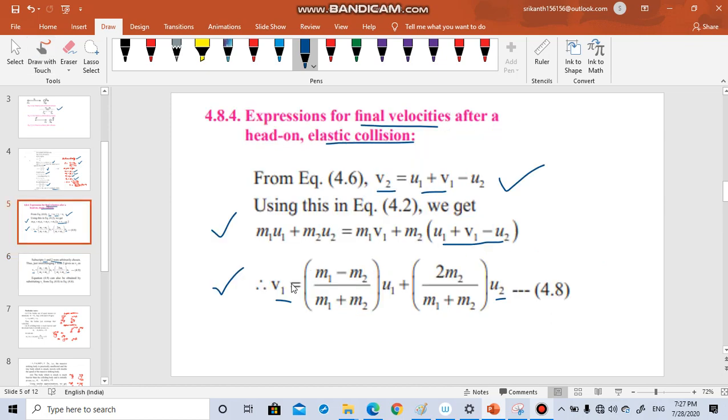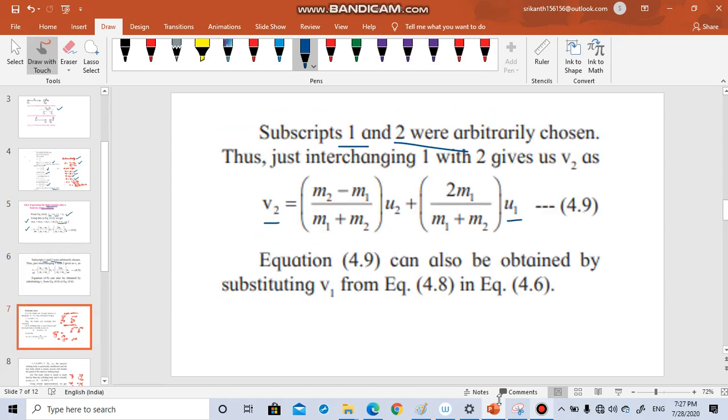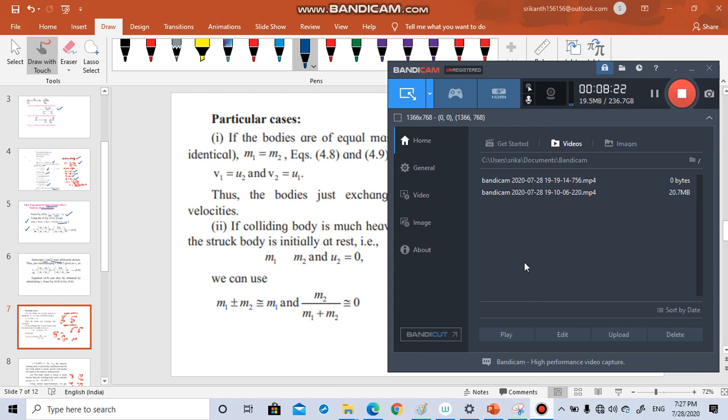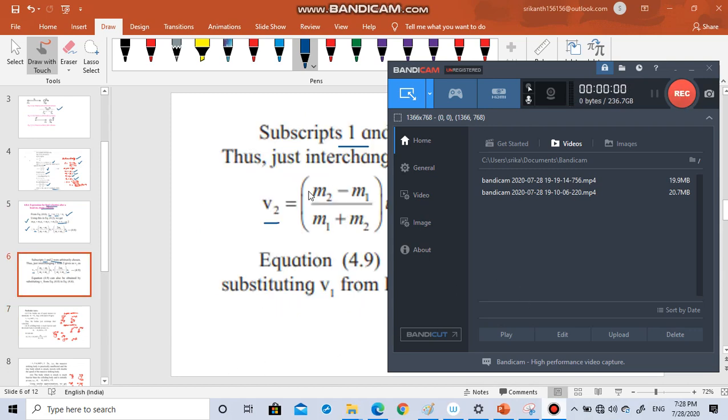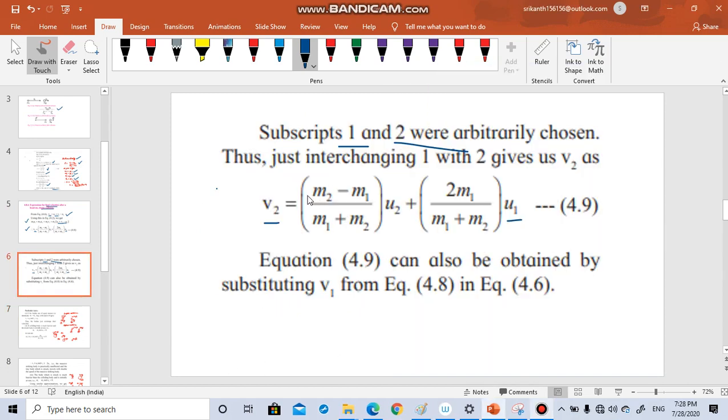At least one I will prove; the second automatically comes. It is a very easy derivation. When I do some numericals, you will understand even better. Right now, just remember the formula. It is very useful while solving numericals.